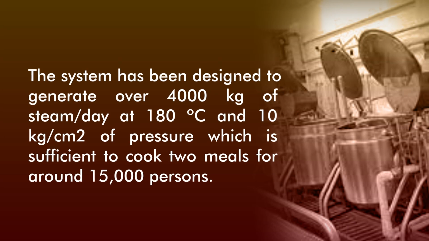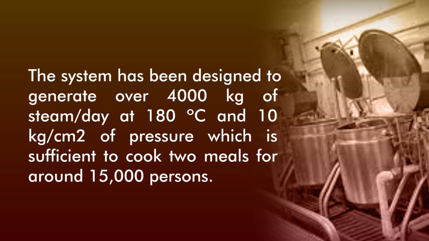The system has been designed to generate over 4,000 kg of steam per day at 180 degrees centigrade and 10 kg per centimeter square of pressure, which is sufficient to cook 2 meals for around 15,000 persons.